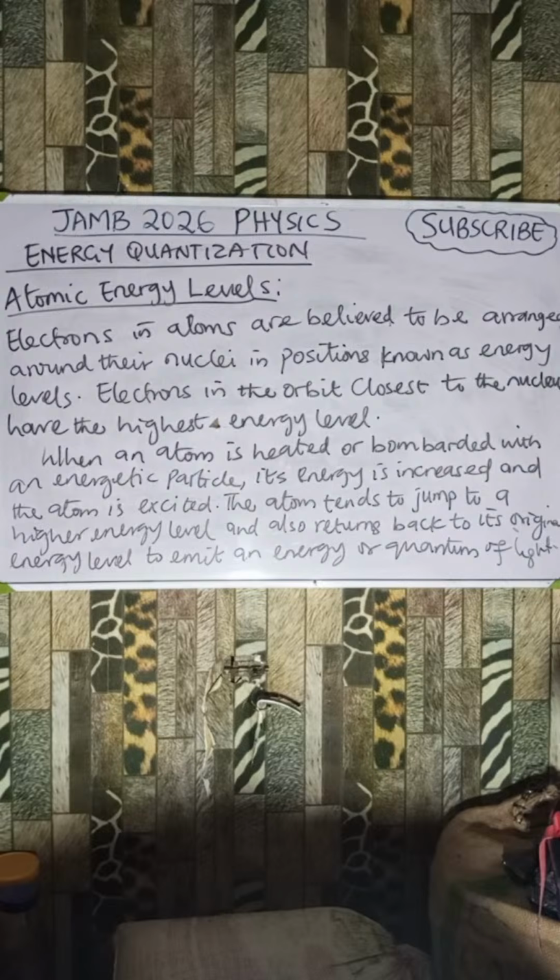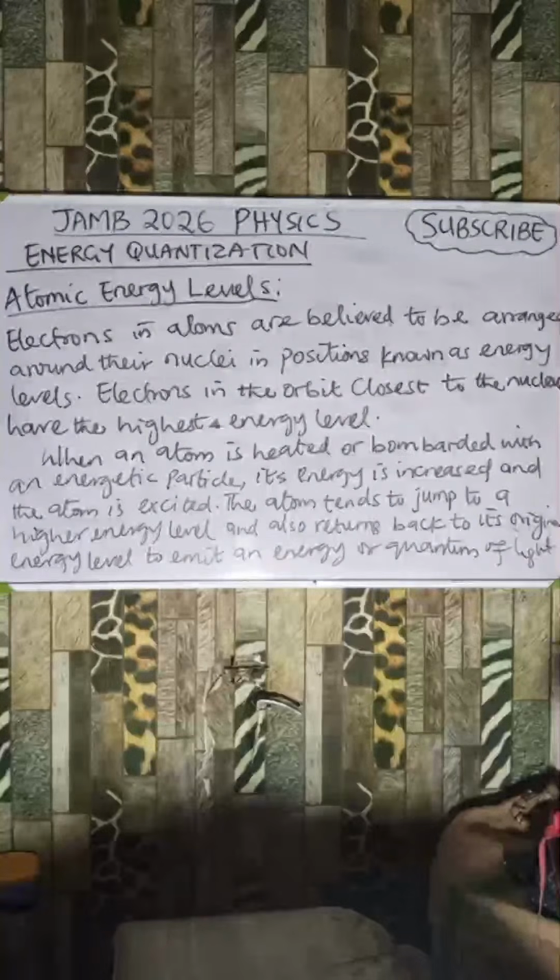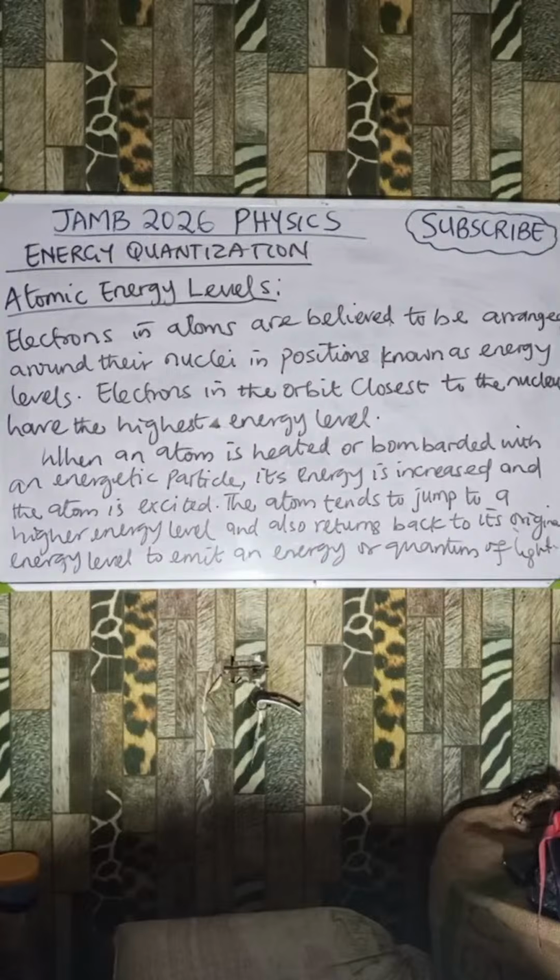Then after a while, because excited states are not stable, they tend to return back to the original energy level. In the process of returning back to the energy level, they're going to emit an energy or quantum of light, okay, which has a characteristic frequency, and that is what you may be asked to calculate.